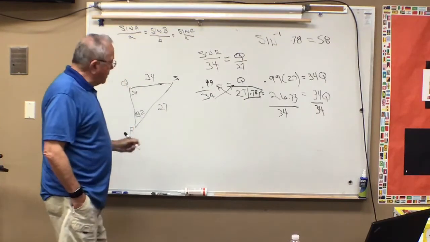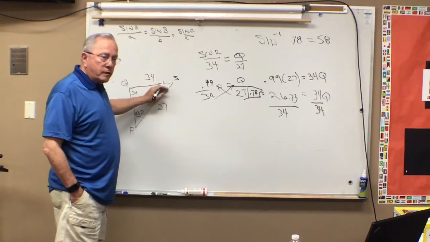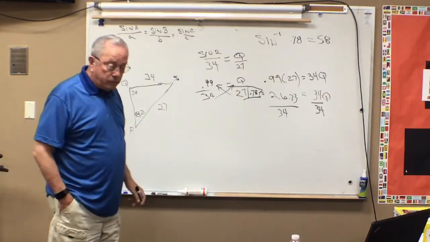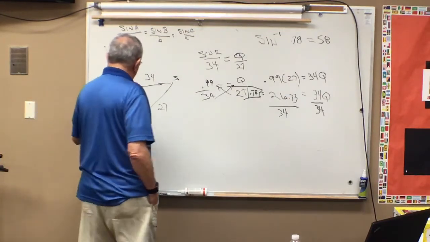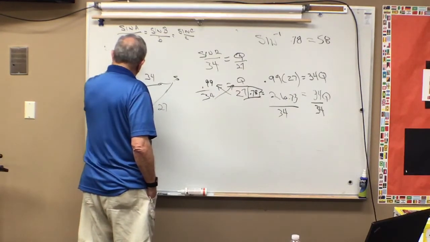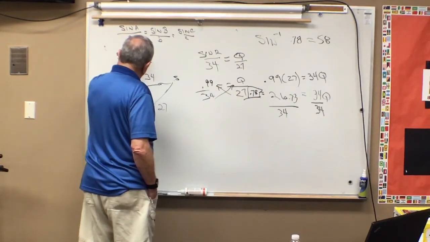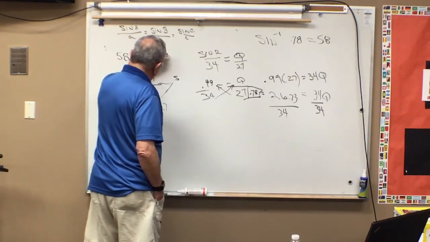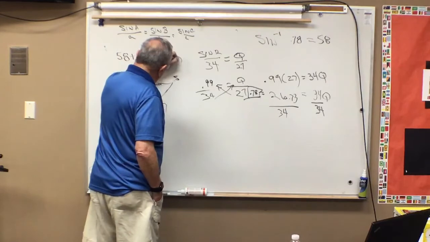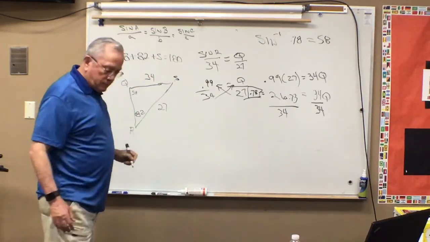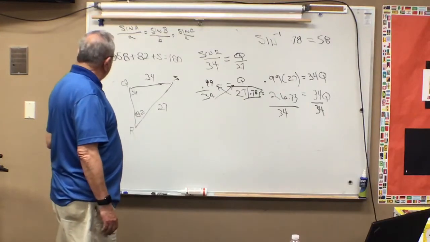How about that? Now, do I need to do any more trig from this one? No, because this plus this plus this adds up to 180, correct? So 58 plus 82 plus S equals 180, correct? So that's going to be 140?